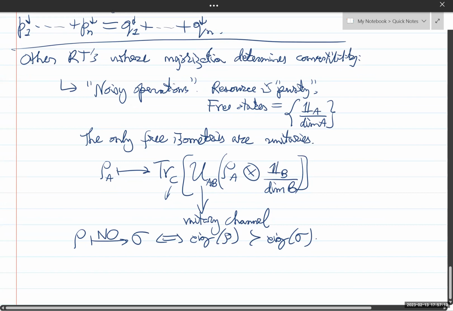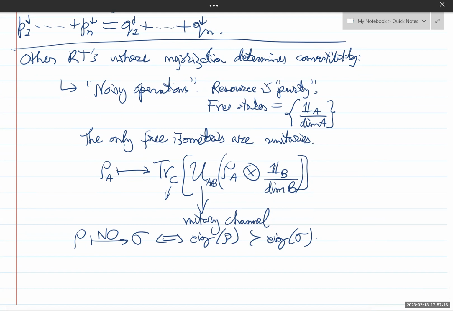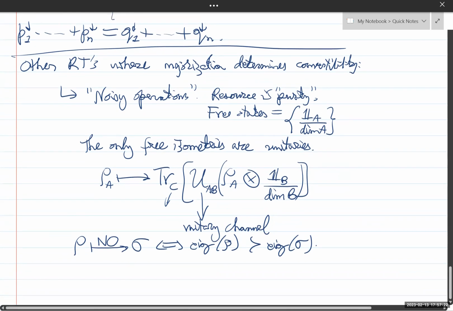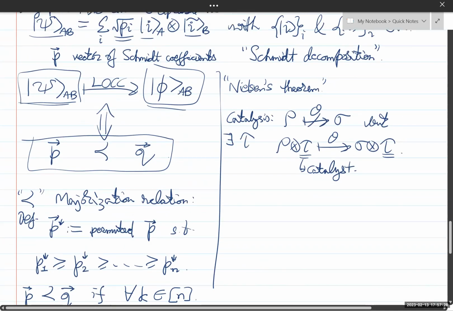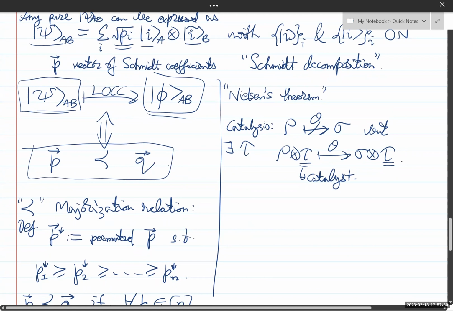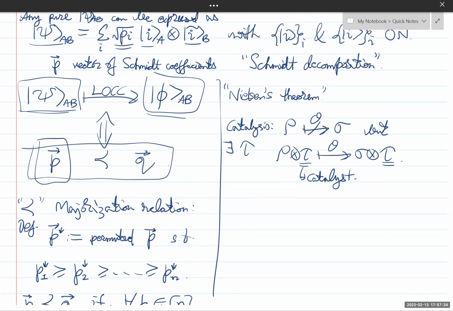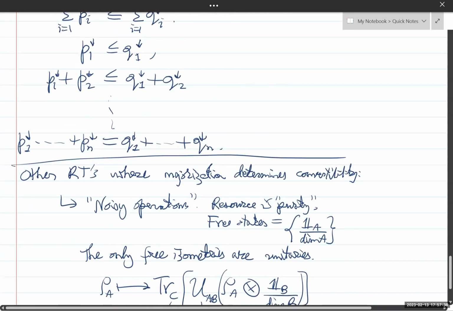Note that when majorization featured in the theory of pure state entanglement, the majorization relation went the other way. So, we needed the Schmidt vector of rho to be majorized by the Schmidt vector of sigma, or phi in that case.